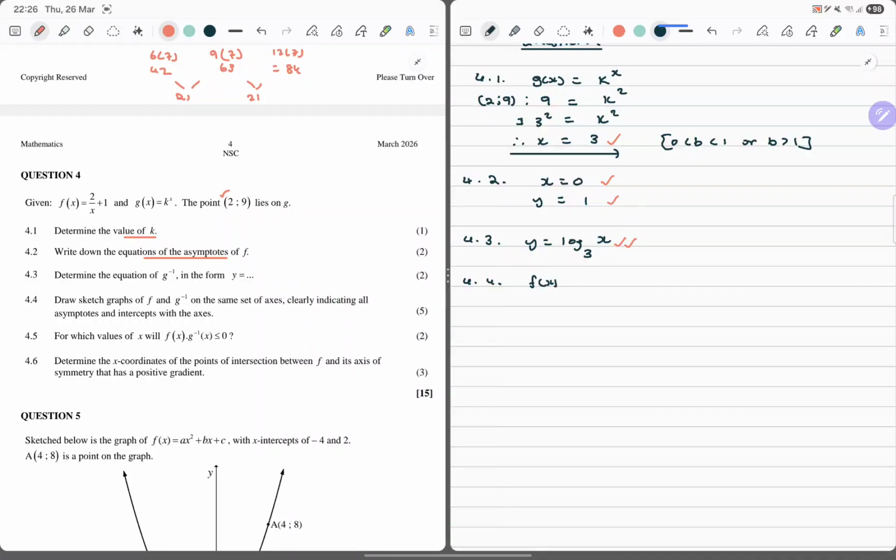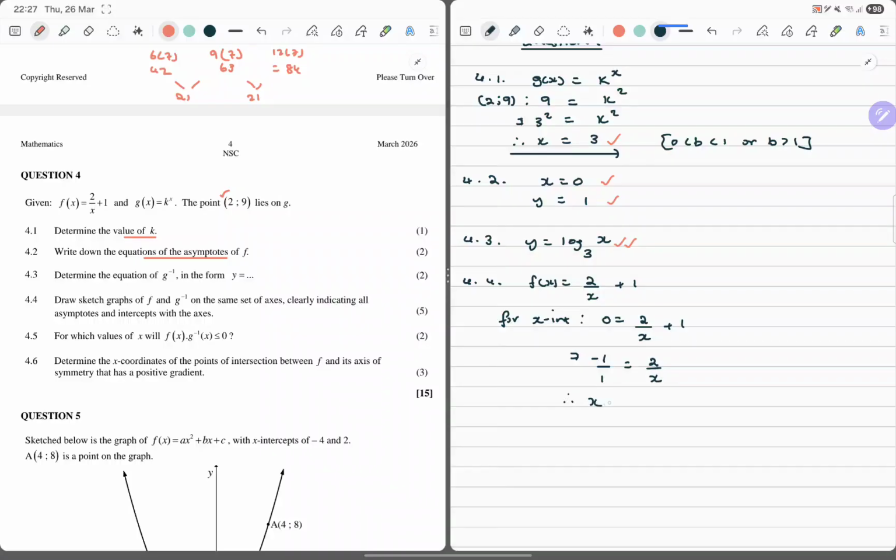So f of x equals 2 over x plus 1. We can say for the x-intercept, it will be such that 0 is 2 over x plus 1. This implies that minus 1 over 1 is equal to 2 over x.